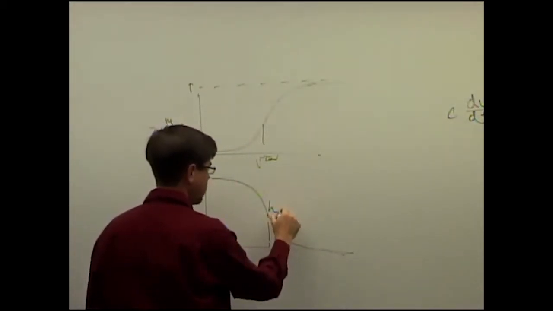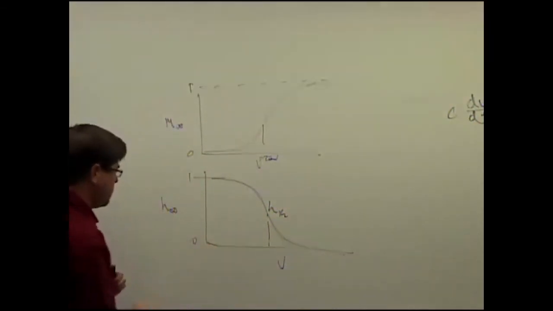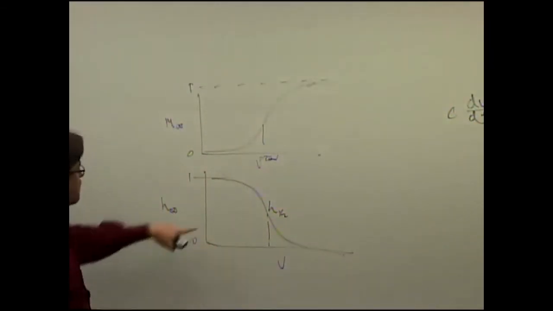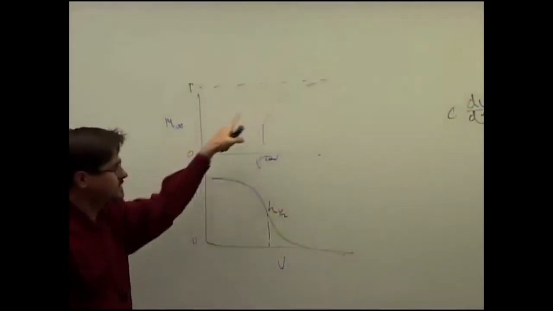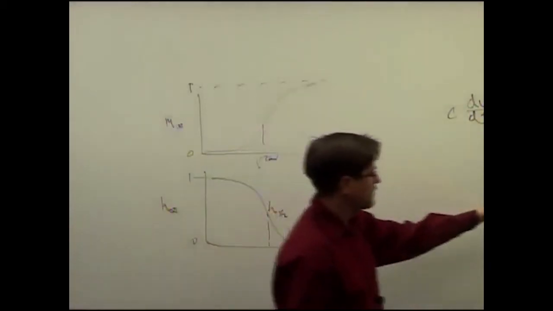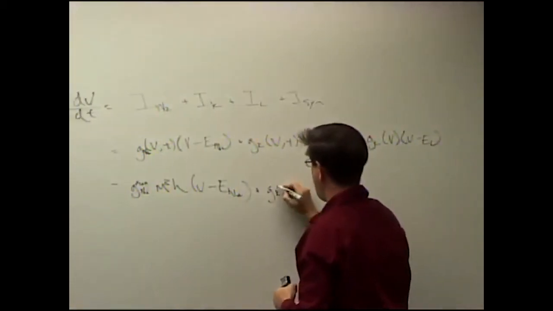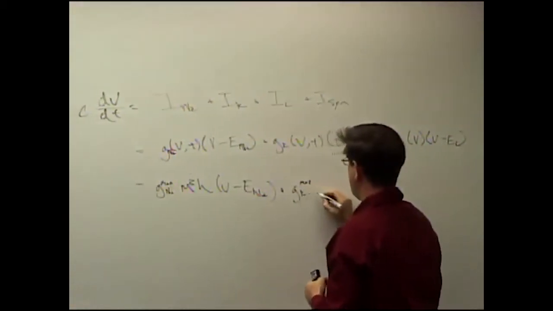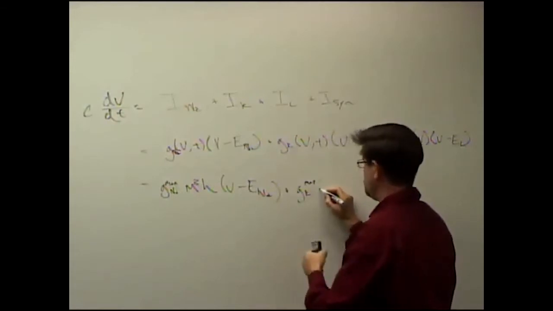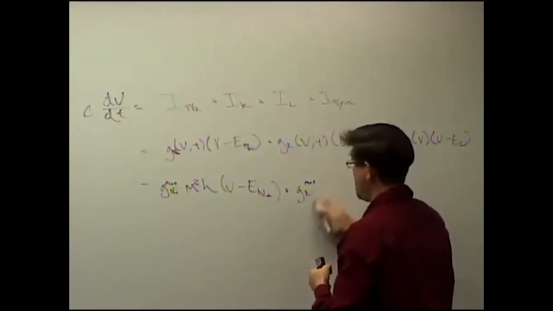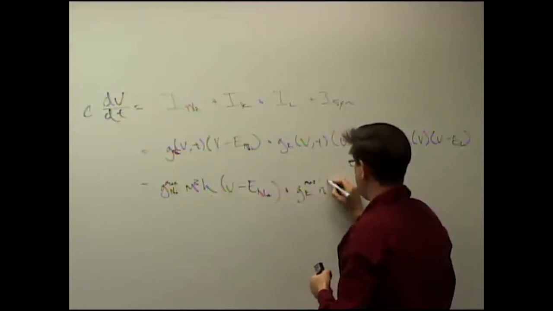This is H1/2. And similarly, you see a curve that looks like this for potassium. So there's going to be a G max, GK max as a function, times H, M, N to the fourth.